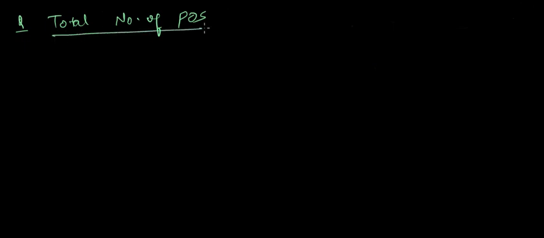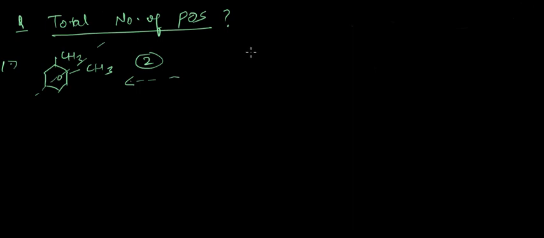Okay, so we have this compound. So how many total number of planes of symmetry does it have? It has two planes of symmetry. One is the horizontal plane and another would be this plane. So 2 would be the answer here. How many planes of symmetry are there for this compound?